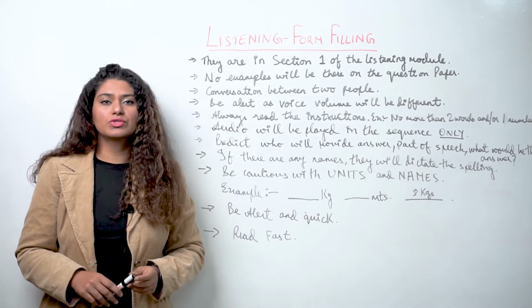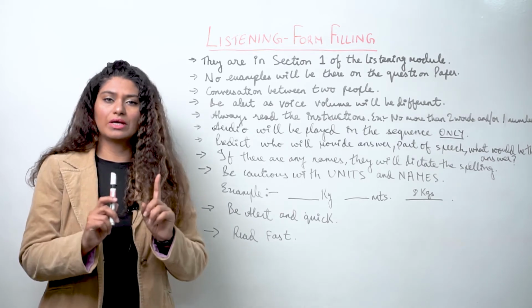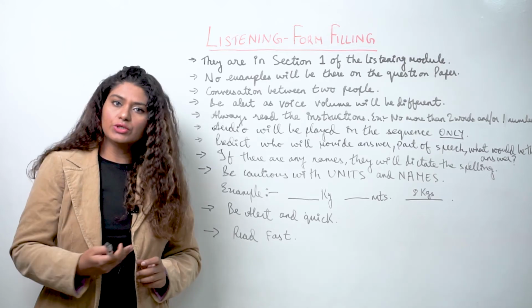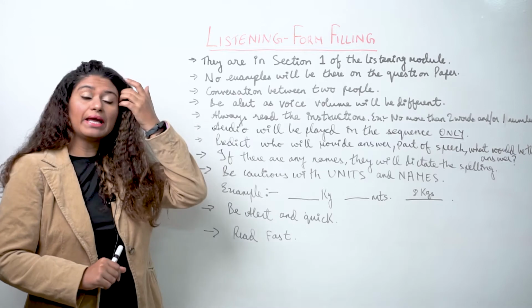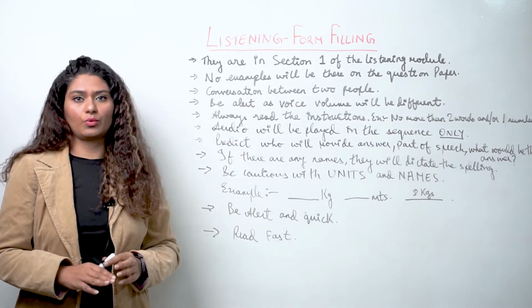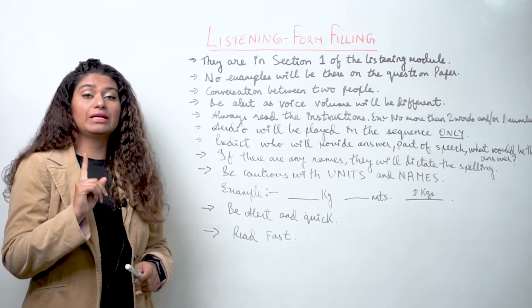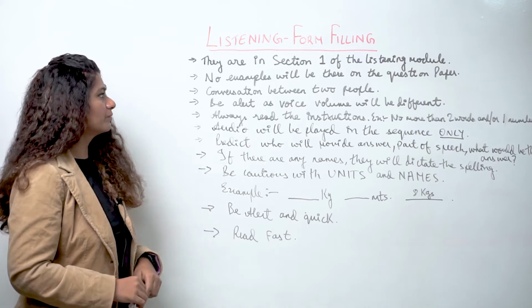Earlier, when you used to give your listening exam, question 1 was an example for you to understand before you attempted the rest. But from now on, there won't be any example mentioned on the question paper and you would begin to look for the answers directly from question number 1. So that's a change now.